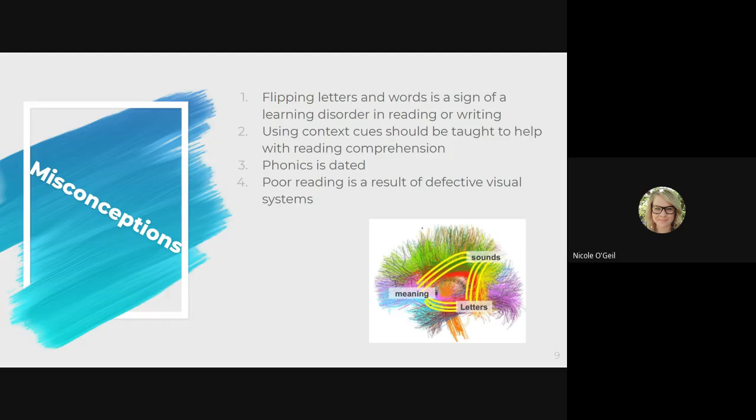We're thinking about visual tracking, reading difficulties like skipping words or lines or losing your place, reversing words, having words read the wrong way. They can be symptoms of a reading disorder, but they're not the cause of a reading disorder. Research states that children who have actual vision disorders do not have an increased likelihood of a reading disorder.